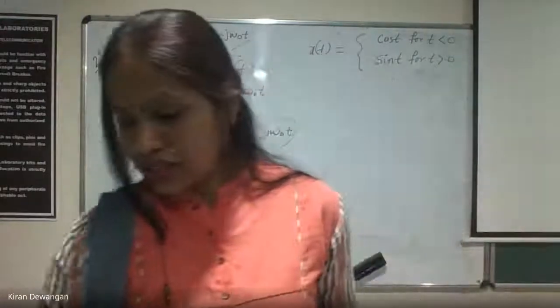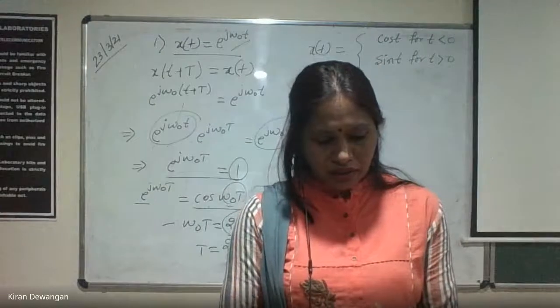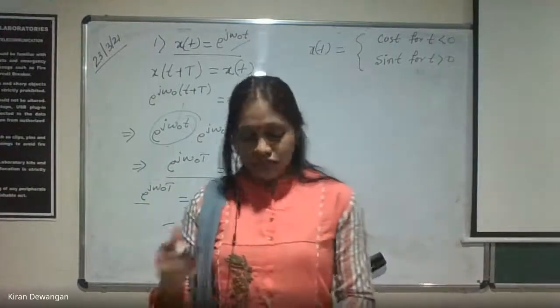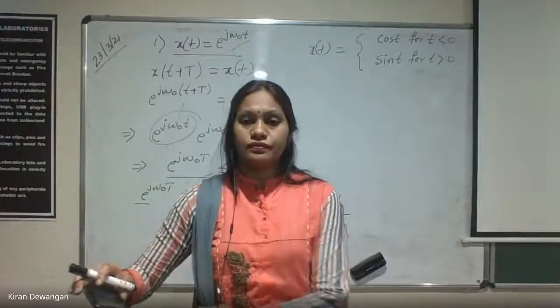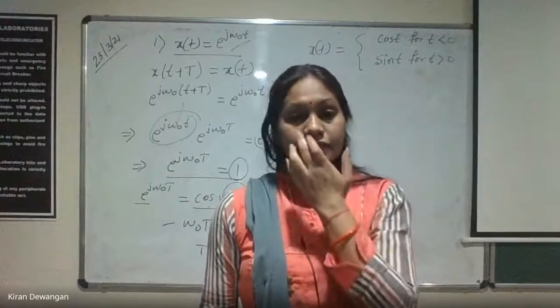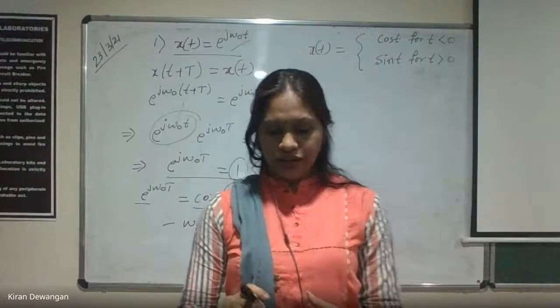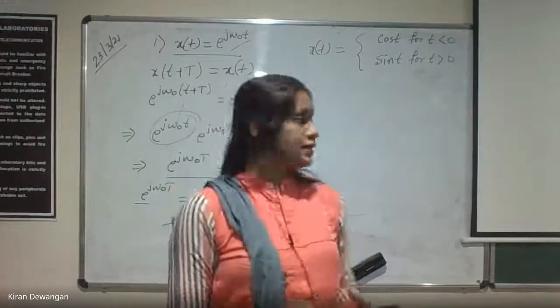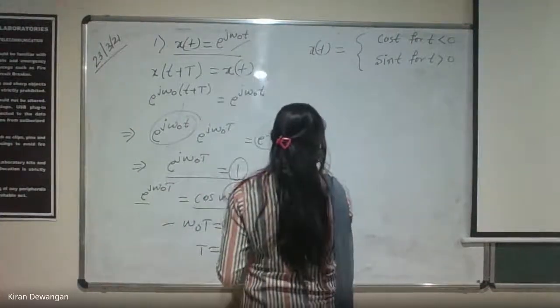Determine its periodicity. If it is periodic, then what is its fundamental period? जल्दी से इसका answer दो मुझे. Do it fast. Cos t for t less than 0, and for t greater than 0 it is sin t. Does anyone have any idea how to solve this question?